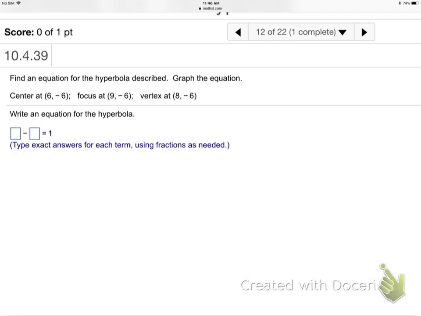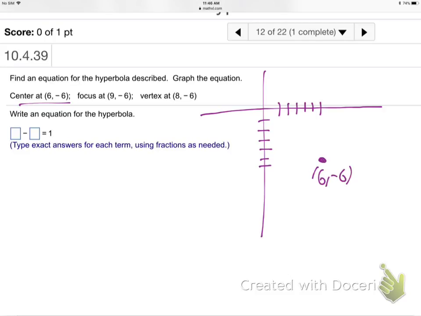Number 12. Let's do one that's been moved. So the center is at 6, minus 6. Let's draw that. 1, 2, 3, 4, 5, 6. So right there, over 6, down 6.